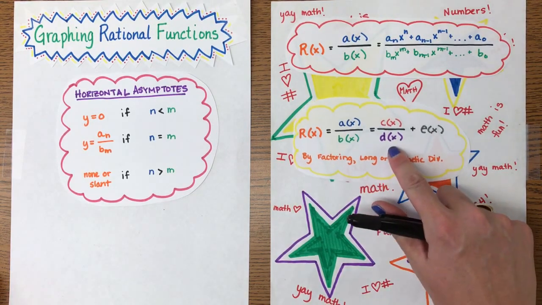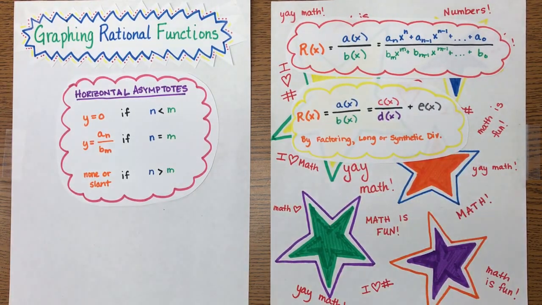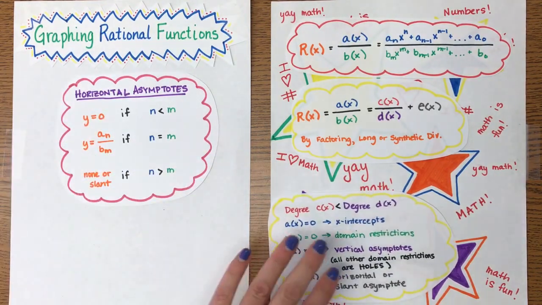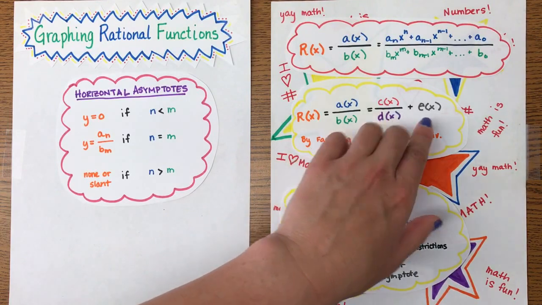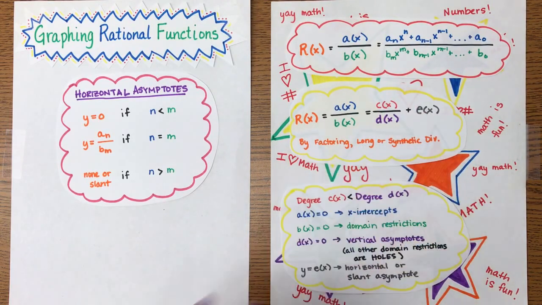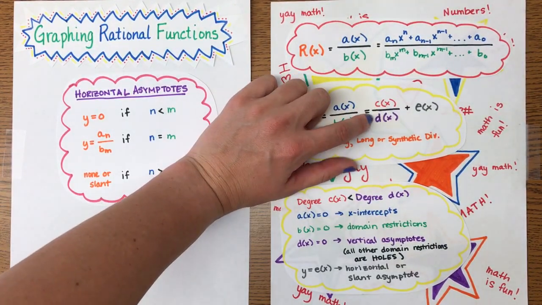Once we get to this form, by factoring and canceling common terms and then doing long or synthetic division, the degree of the numerator here will be smaller than the degree of the denominator.